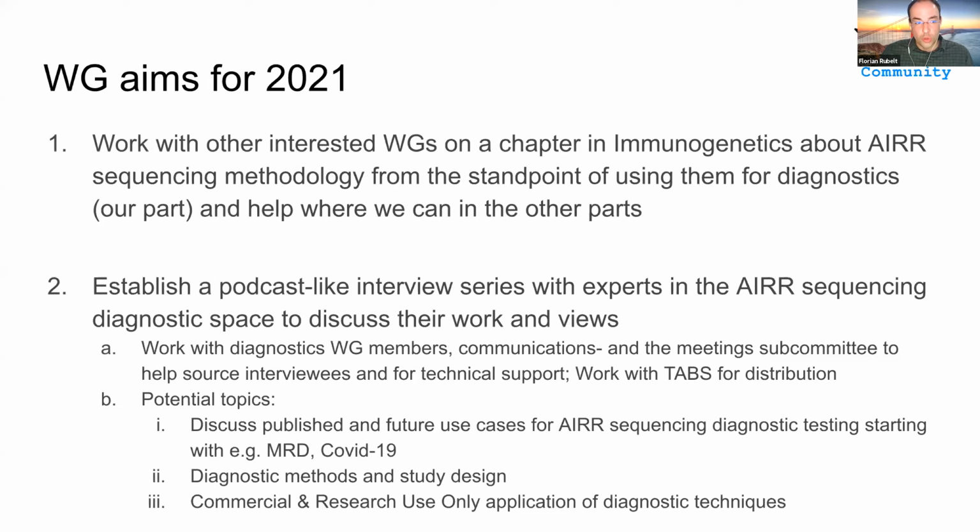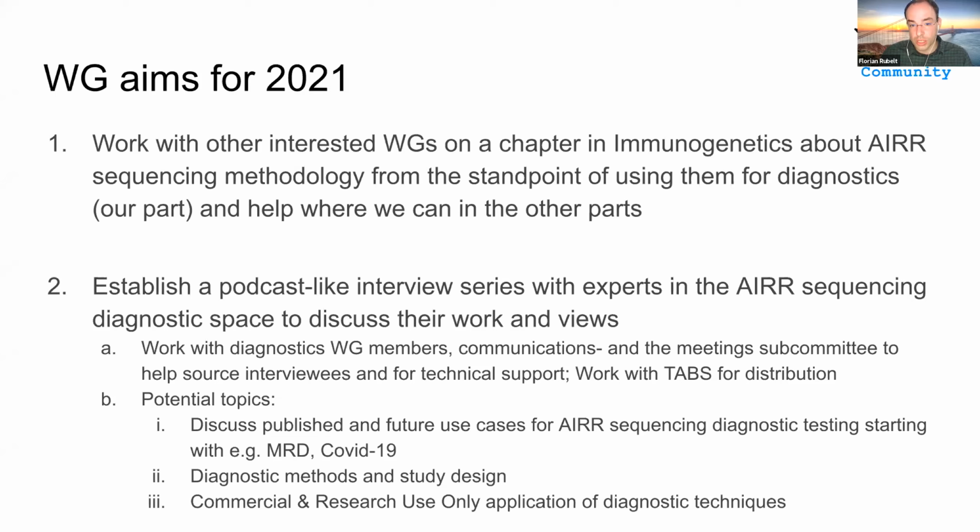Our aims for 2021: I think the AIRR community got invited to write a chapter for Immunogenetics, and we would like to contribute to that from the diagnostic perspective, so from what to consider when you want to set up studies, the common bottlenecks or things to consider, also to make analyzing the data afterwards much easier, because you have to pick the right group of people, the right cohort, to avoid some pitfalls, making analyzing the data easier and more possible afterwards.